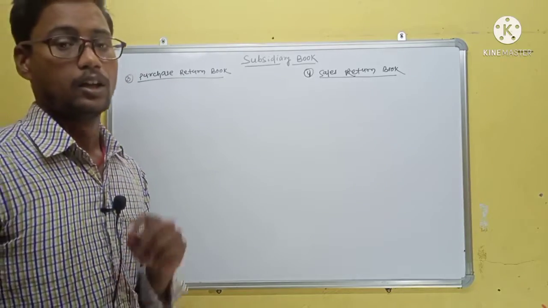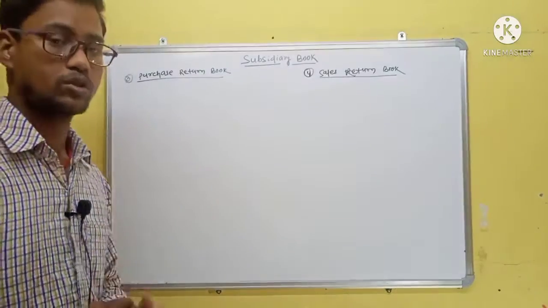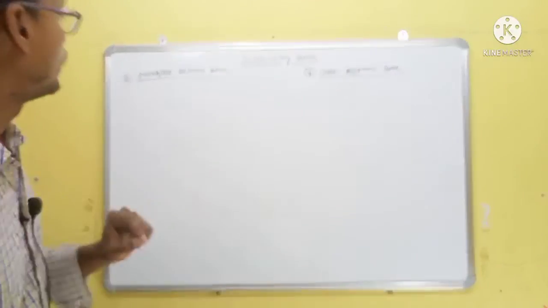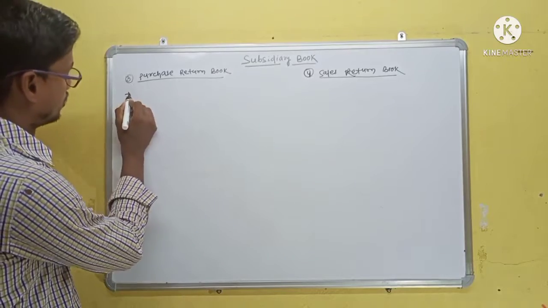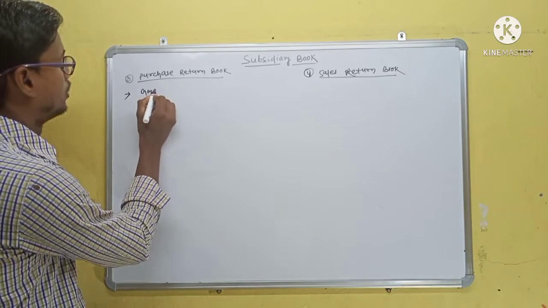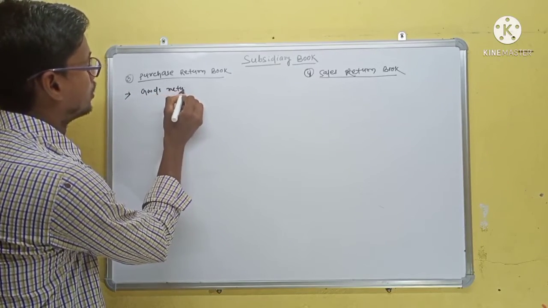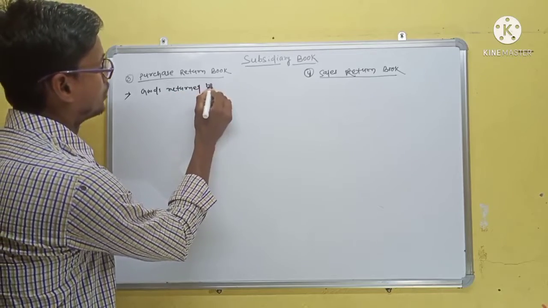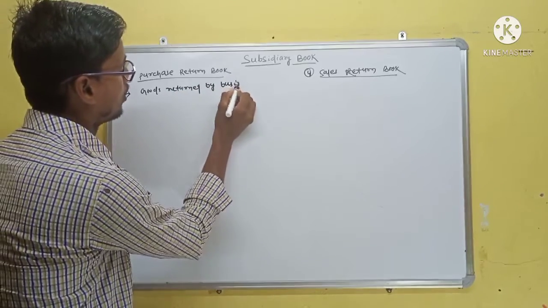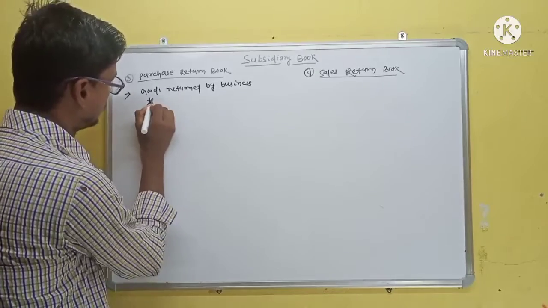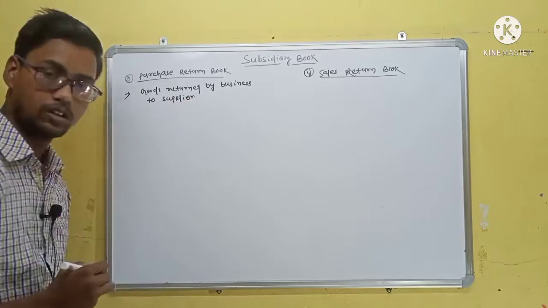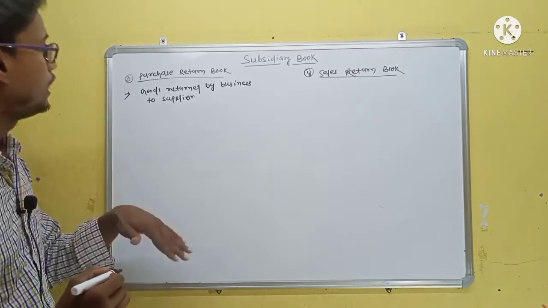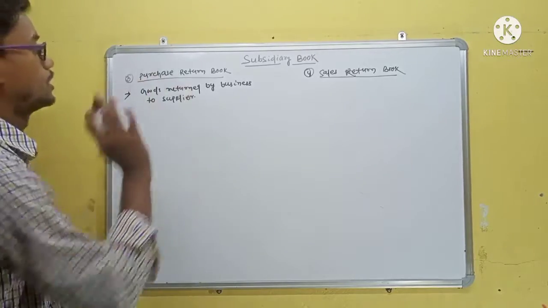Next, we know about the purchase return book and sales return book. When the business returns goods to the supplier, it is recorded in the purchase return book.